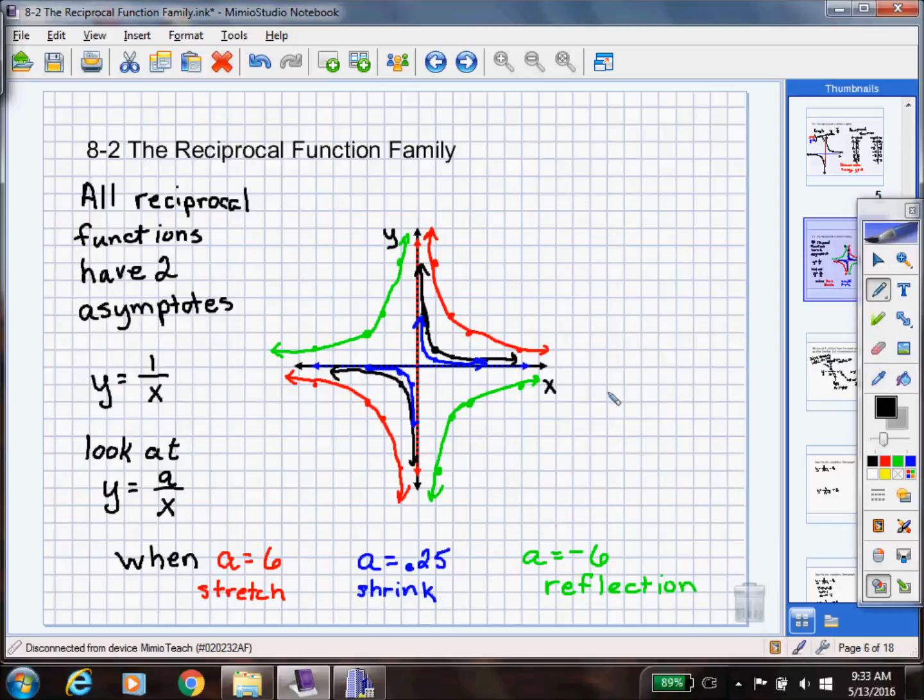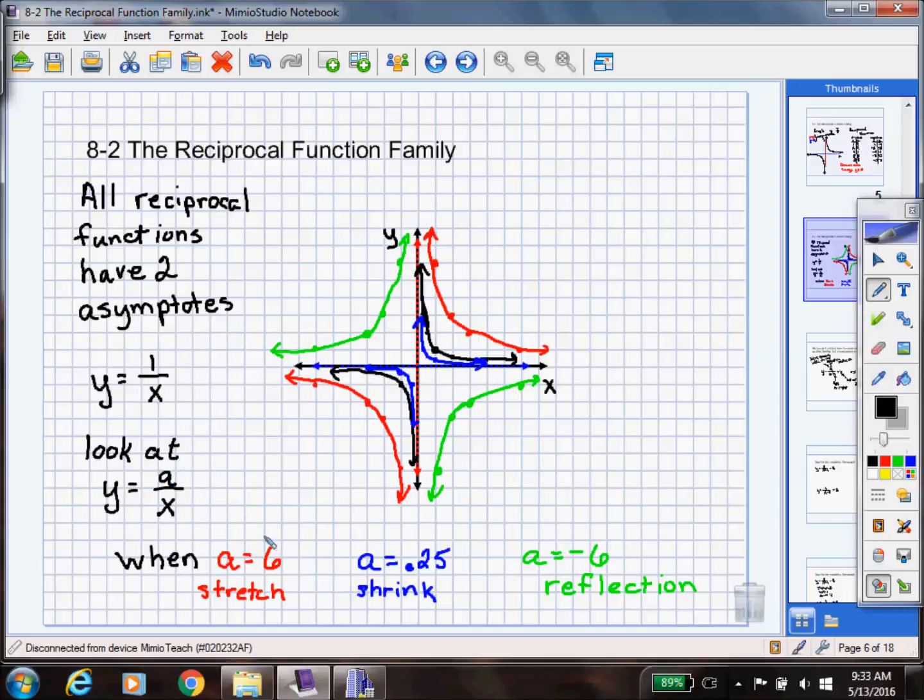On your paper we have an example showing what happens when we begin to stretch and compress, or in this case when we do these type of functions we call it shrink, the various different parent functions.